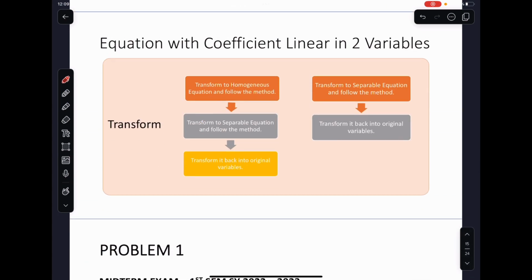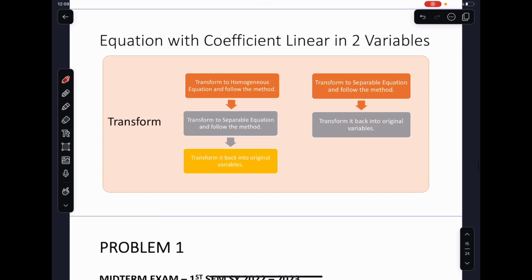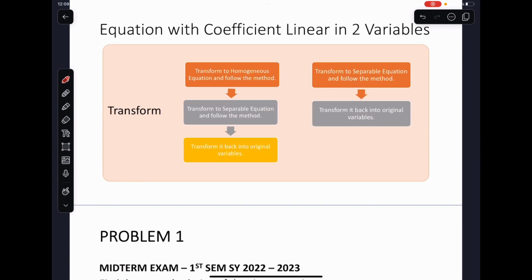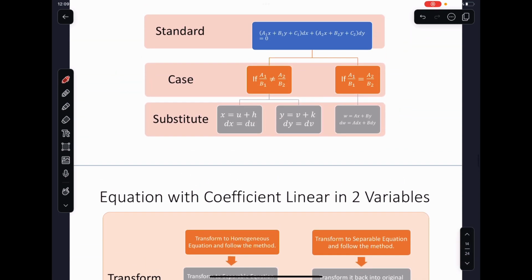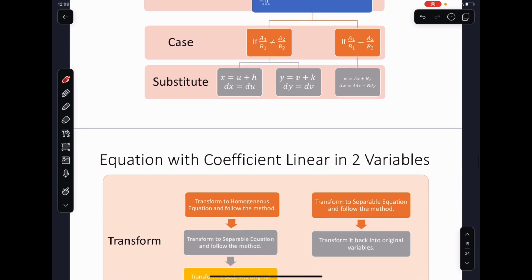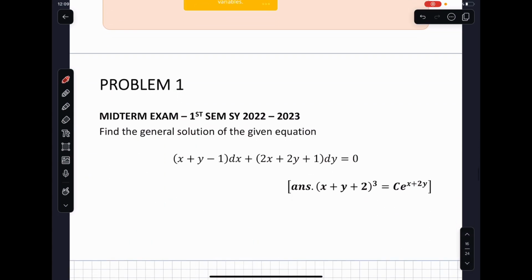For intersecting lines, we transform it into homogeneous and then into separable until we find the solution, and transform it back to the original variables. For case 2, which is about parallel lines, it is simply transformable into a separable equation. Then right away we transform it back to the original equation.